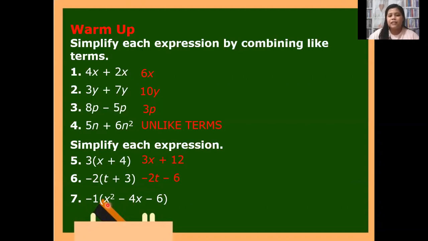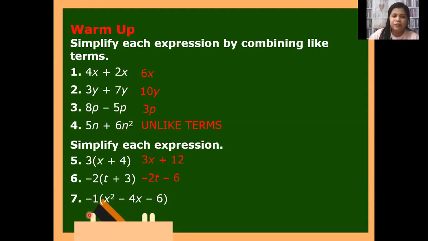So from positive x squared, it will become negative x squared. Next term, we have negative 1 times negative 4x. They are both negative, so if we multiply the same negative signs, the answer will be positive.